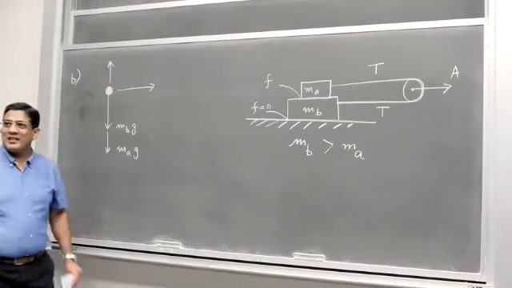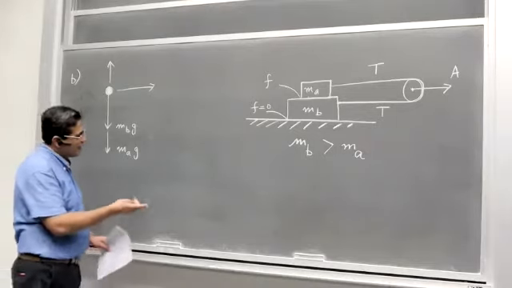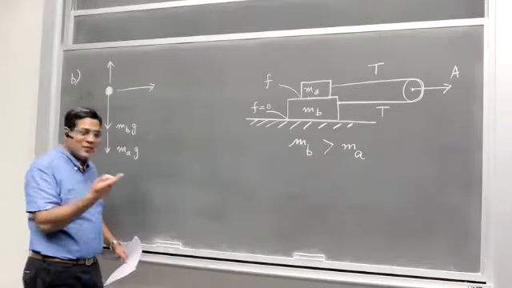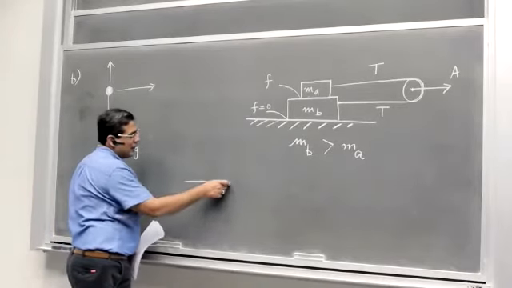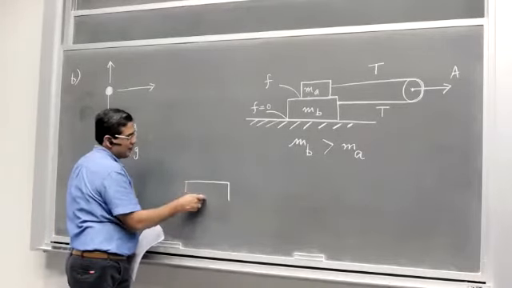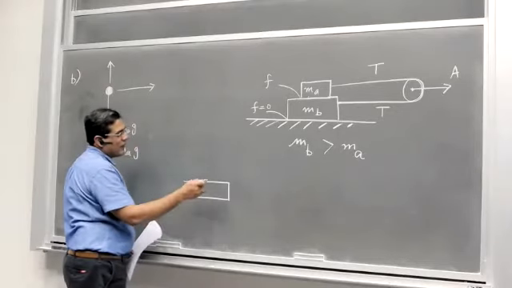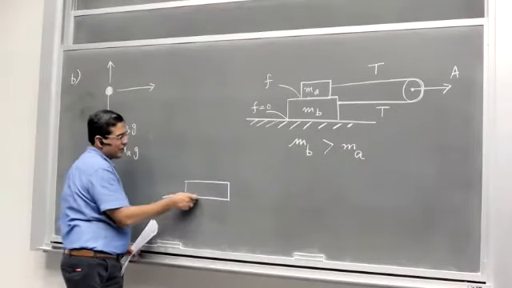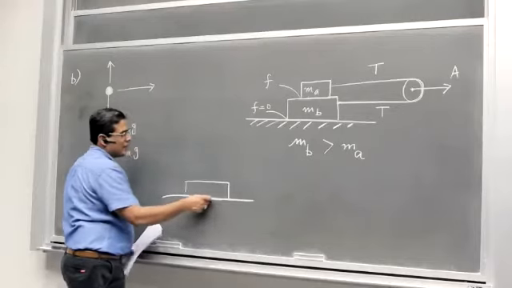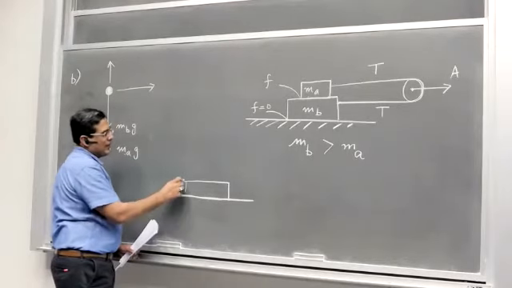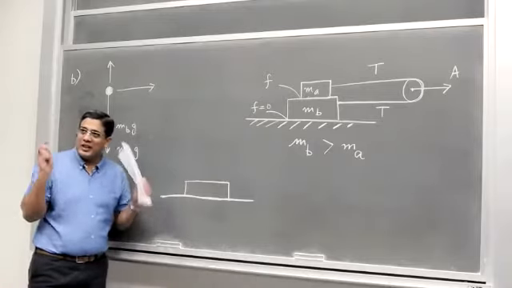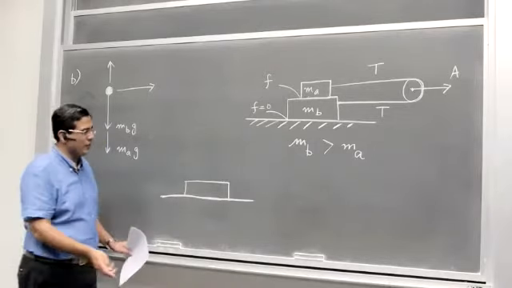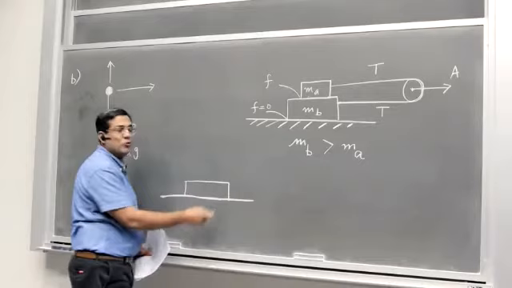So let's demystify this situation in a much simpler situation. If you have two surfaces, any two surfaces, and if they have relative motion, so that is the condition. Remember, relative motion. So it doesn't matter which surface is moving.